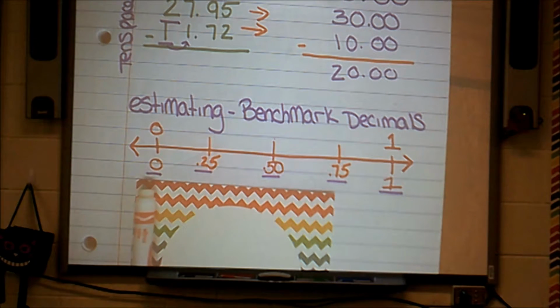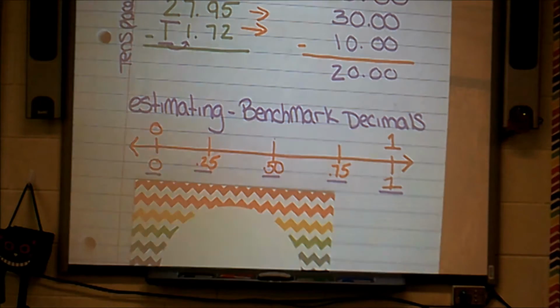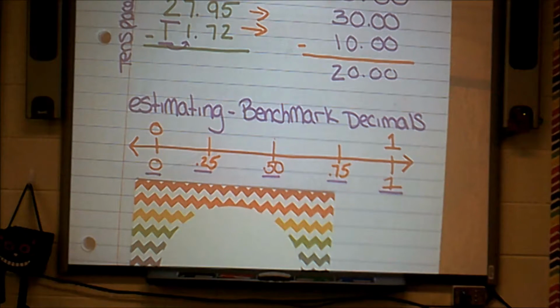I can either round to a 0, 25 hundredths, 50 hundredths, 75 hundredths, or 1 whole. Those are our benchmark decimals. So when you have a decimal and it asks you to round to your benchmark, you're going to look at it and say, well, what is my number closest to? Is it closest to 0? Is it closest to 25 hundredths? Is it closest to 50 hundredths? Or is it closest to 75 hundredths or a whole dollar?